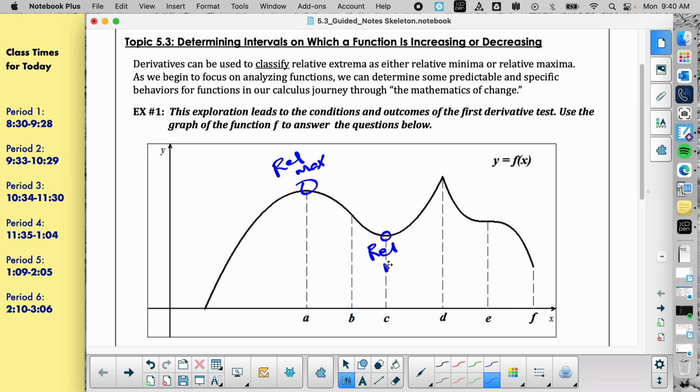Relative min. This is still considered the top of a hill in my mind, even though it's a sharp point. We'll call it the top of a mountain if you really want. And then F does not count because it's an endpoint. So relative maxes and mins can only be in the middle.